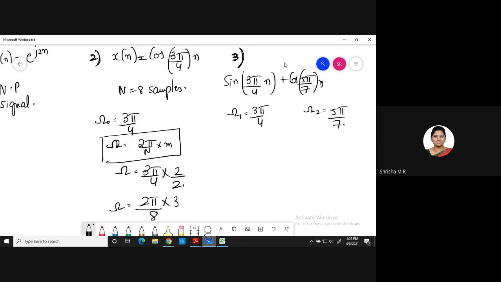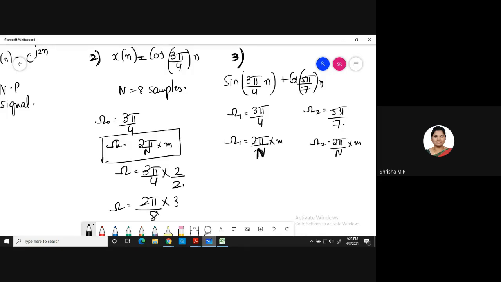2 pi by n into m. Multiply and divide by 2 for both the functions. So we'll try to express omega 1 as 2 pi by n into m, and omega 2 also as 2 pi by n into m.